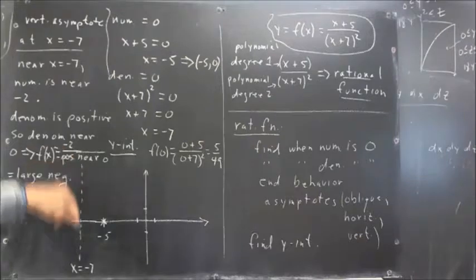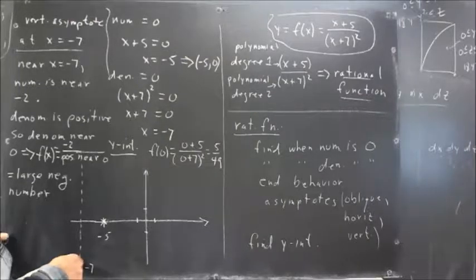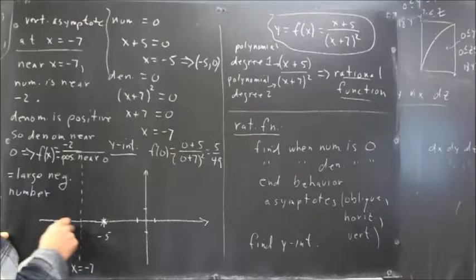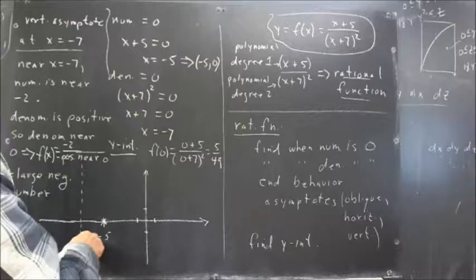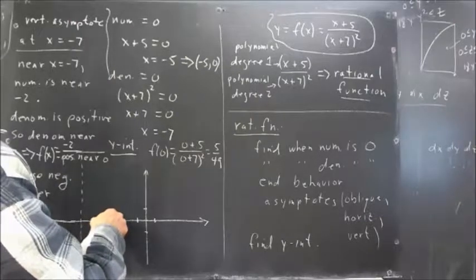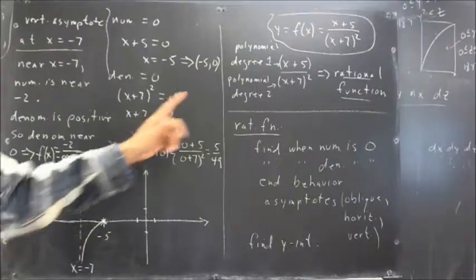Okay, that means that as we approach x equals -7 from either side, we're going to get a large negative number, and at least on this side, we expect that large negative number to come up and somehow go through x equals -5, and then to approach the Y-intercept.